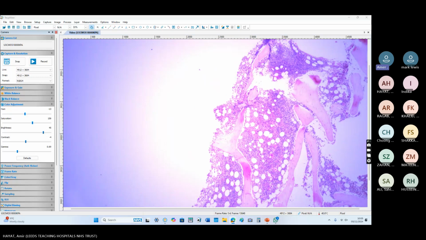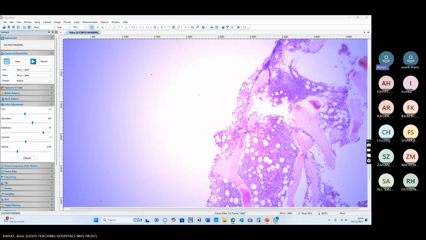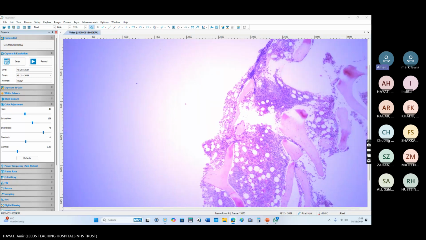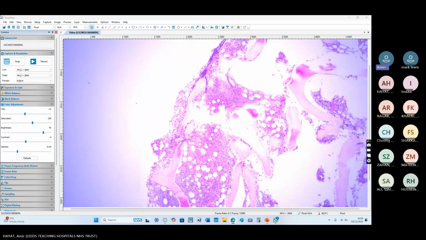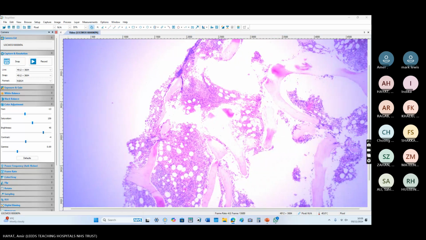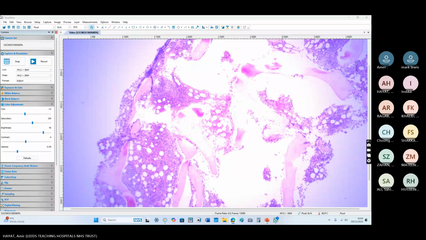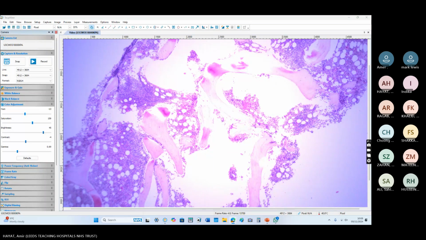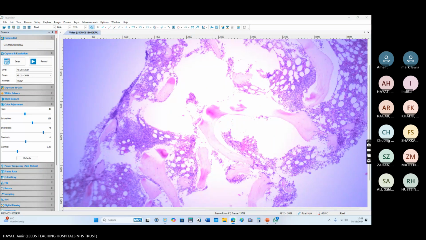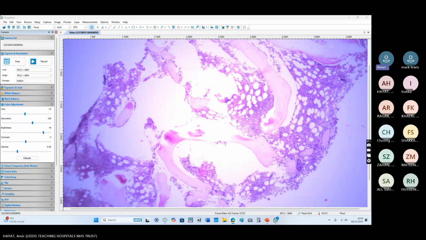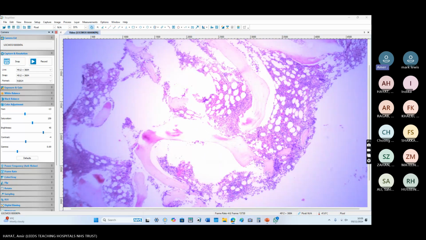But the position of this infiltrate is characteristic that helps you in diagnosis. Anyone who knows what can be the diagnosis here?